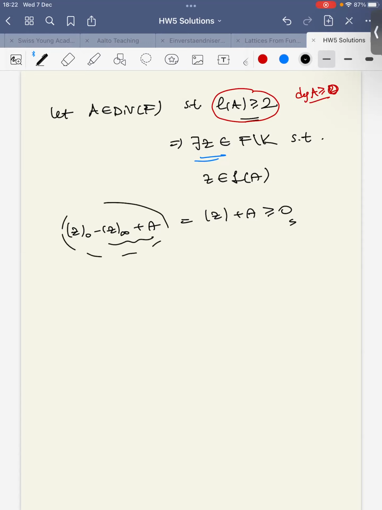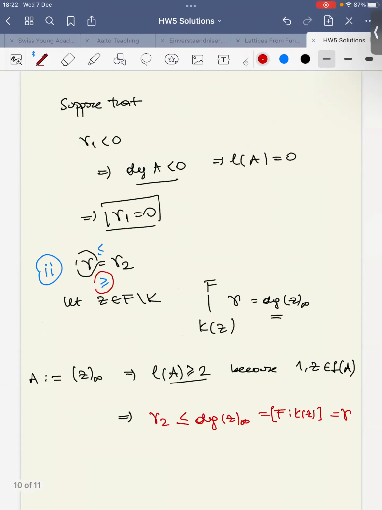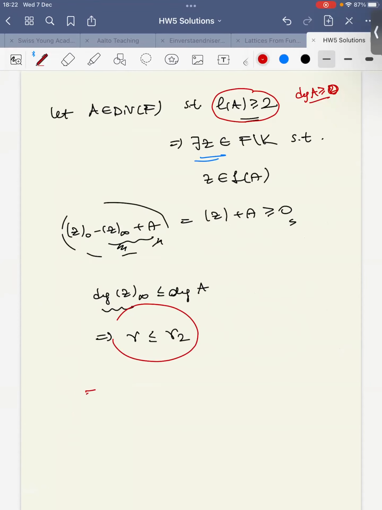So the degree of Z infinity should be controlled by the degree of A. And then, indeed, if this is the case, the gonality should be less than or equal to gamma 2. And by using these two inequalities, we can conclude the equality.